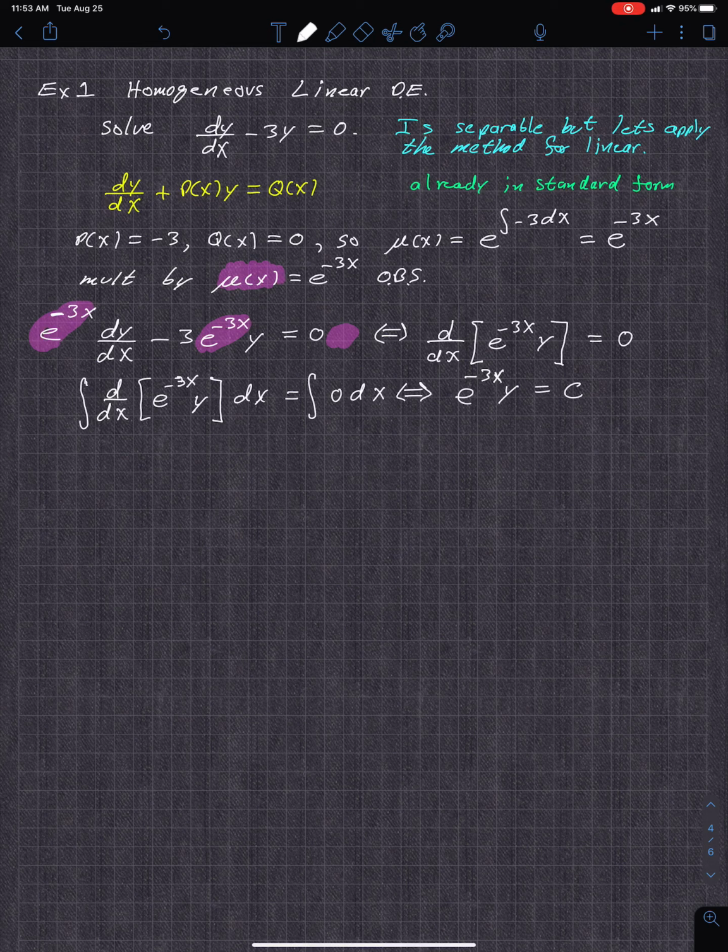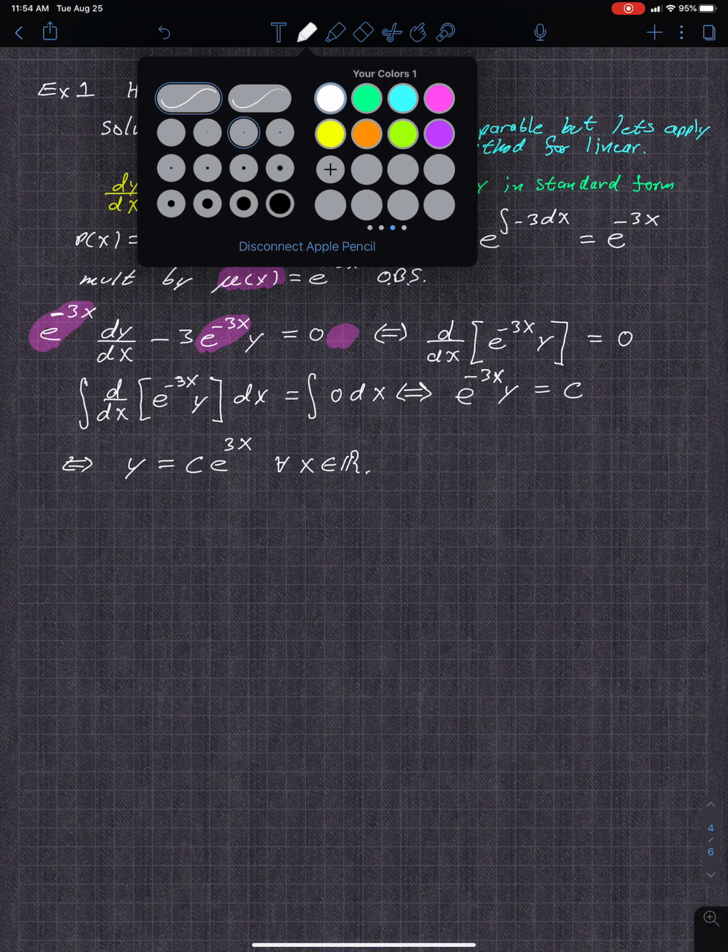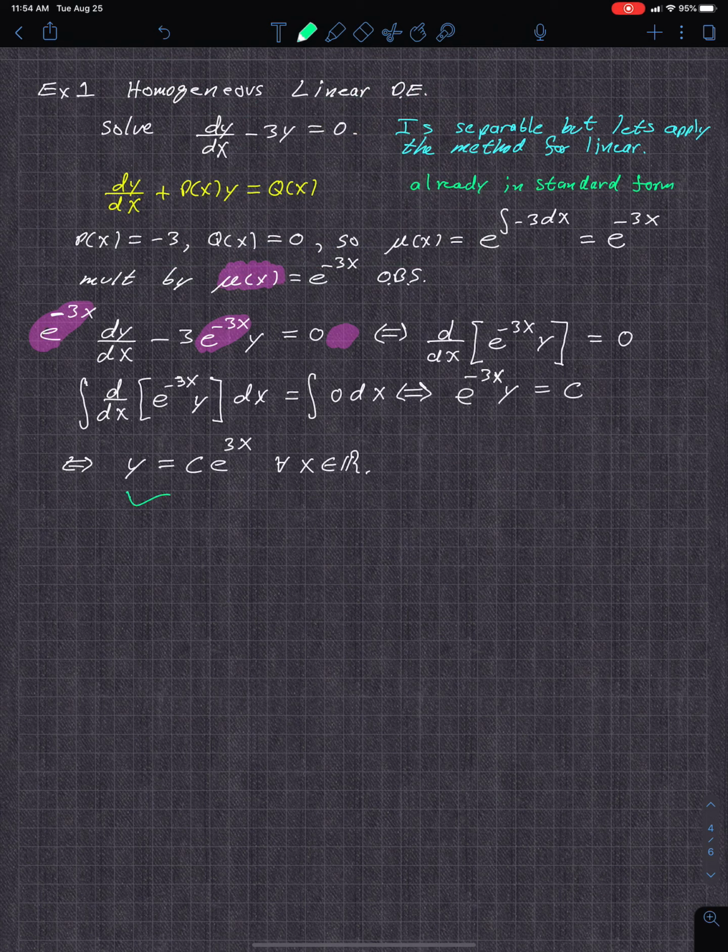So that's if and only if y is equal to c e to the 3x. Now I'm solving for y, so you divide both sides, and this comes up in the numerator. That is true for all x in the reals. Also note that this is an explicit form.